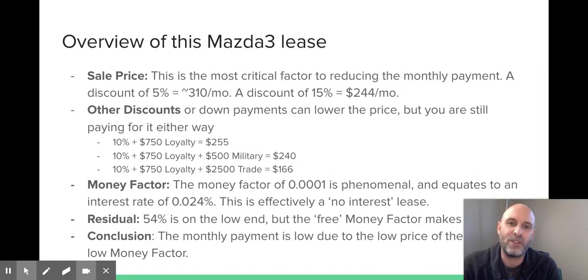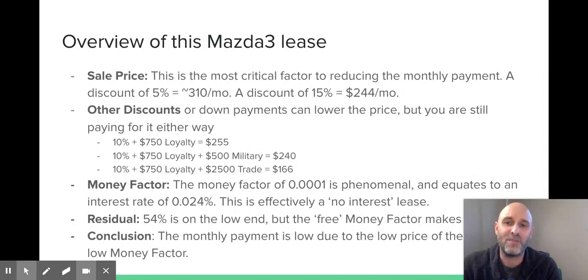The money factor, when you look at this, it's phenomenal. It's basically 0%. And that makes up for a lower residual value, right? Those things balance each other out. Again, when you compare it to other brands, Mazda in this instance is trying to make their lease competitive. They're trying to back out to a similar monthly price as Honda or Toyota, which are going to have higher residuals and higher money factors.